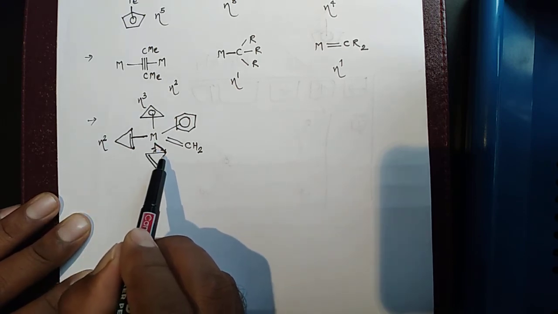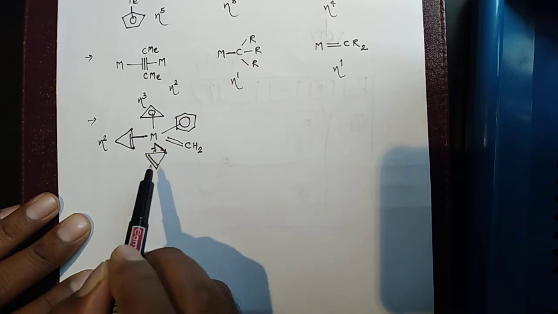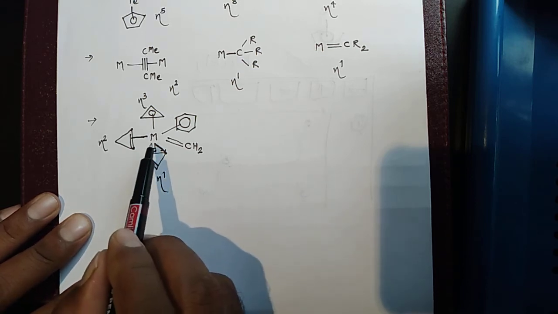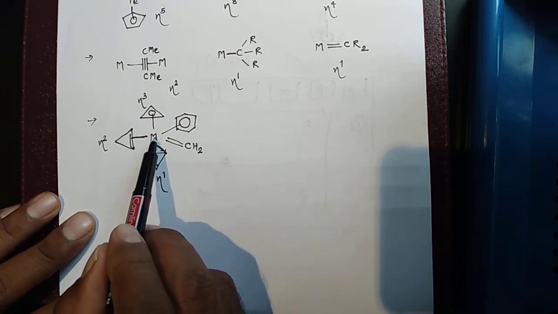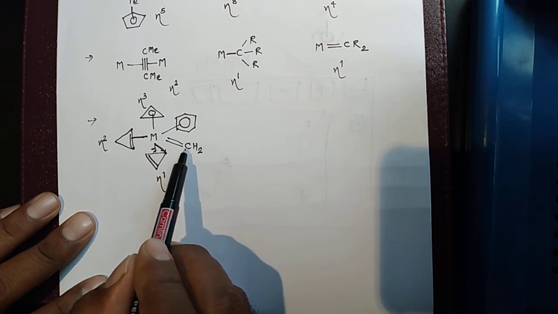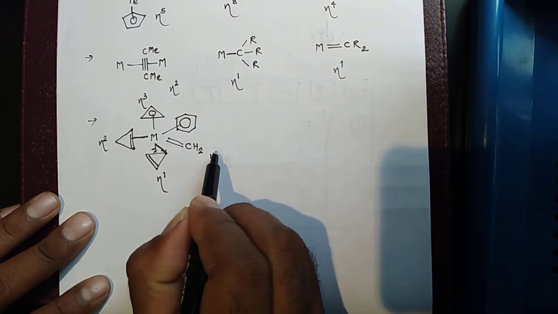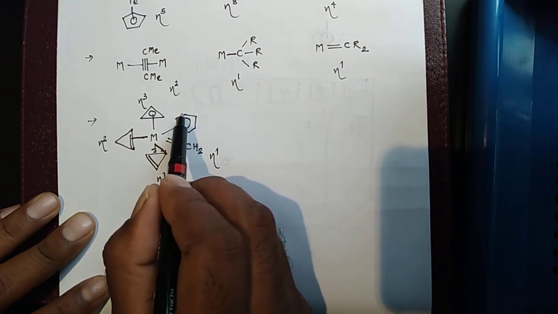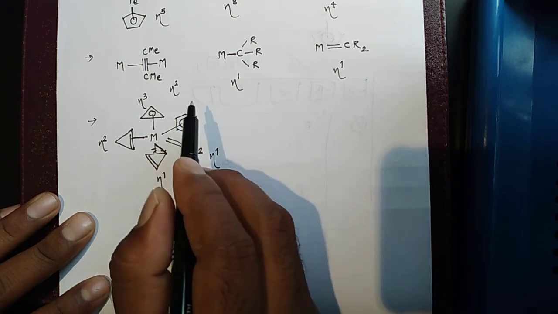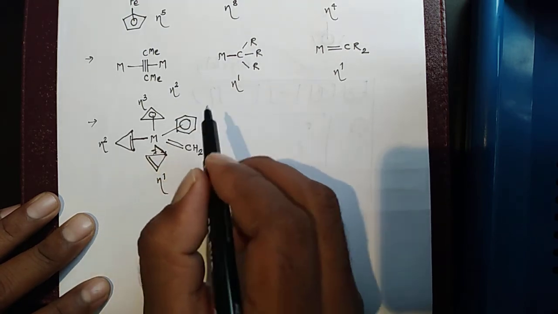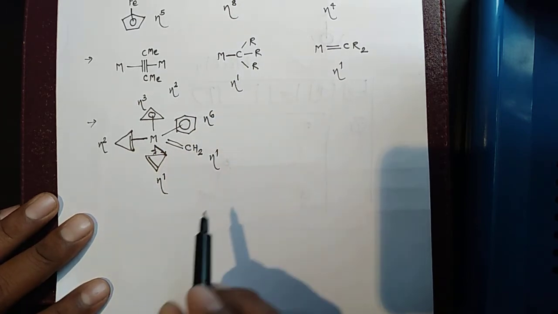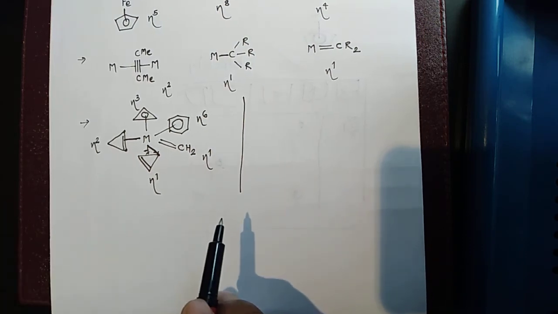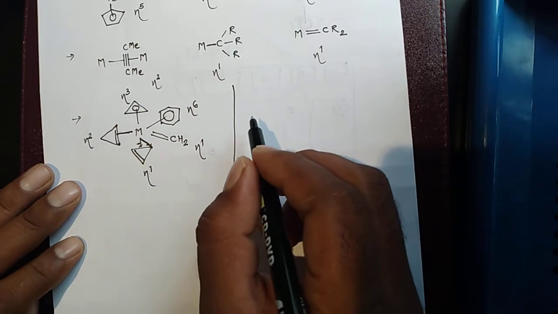Here the metal is directly attached to only one carbon, so the hapticity is only 1. Here again the same, the metal is directly attached to only one carbon, so the hapticity is only 1. Here the metal is attached to all 6 carbon atoms, so the hapticity of this ligand is 6. This is a very beautiful example to learn or explore more about hapticity.